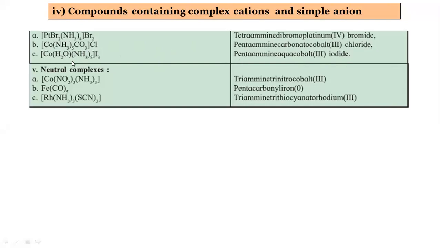Then come to this example. There are again 2 ligands. One is water and one is amine. Again, there is a question of which comes first alphabetically. This is aqua and this is amine. Both the ligands start from A. If such a situation occurs, where both the ligands have the same first alphabet, then we have to take the second alphabet.